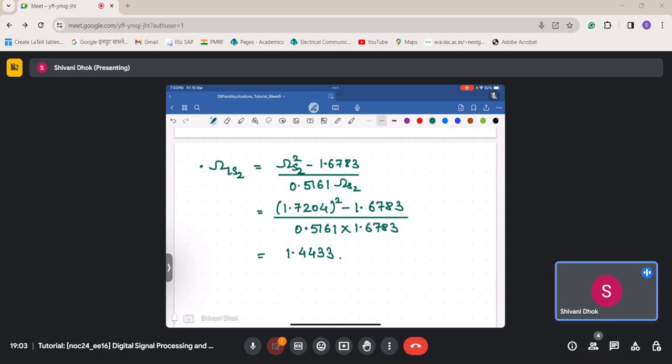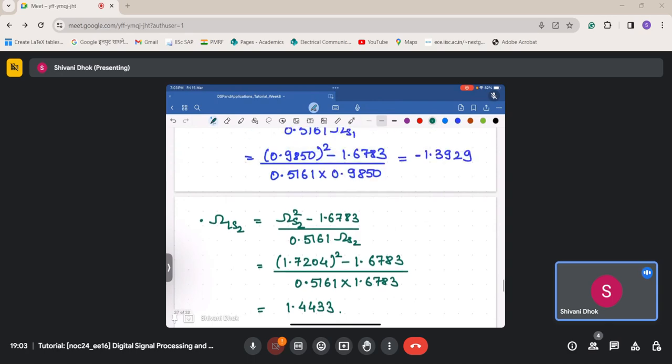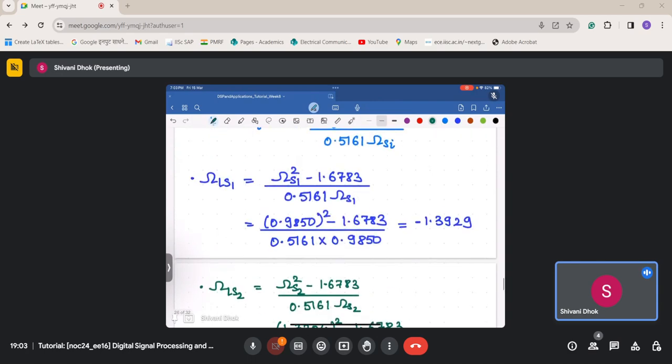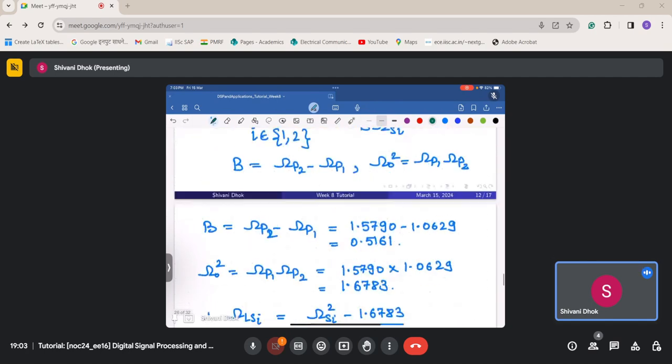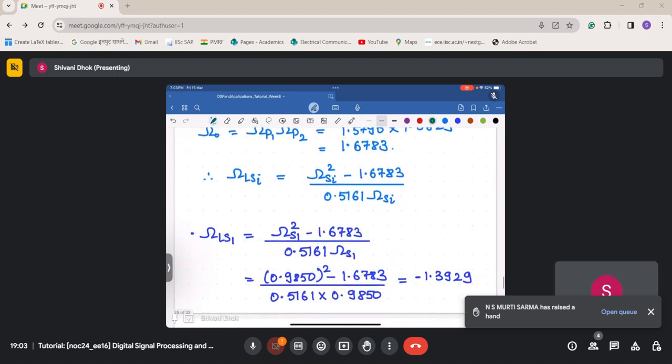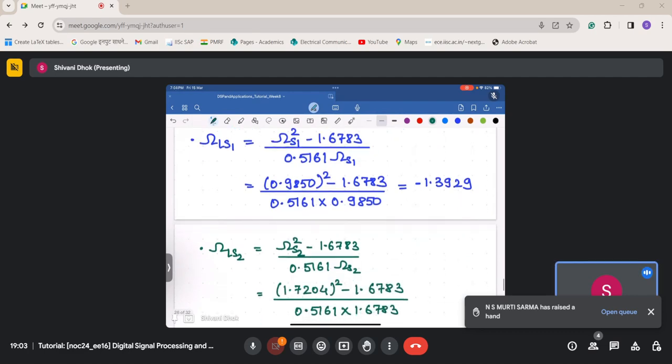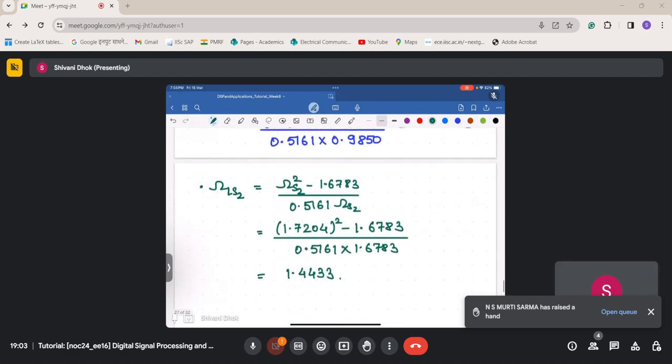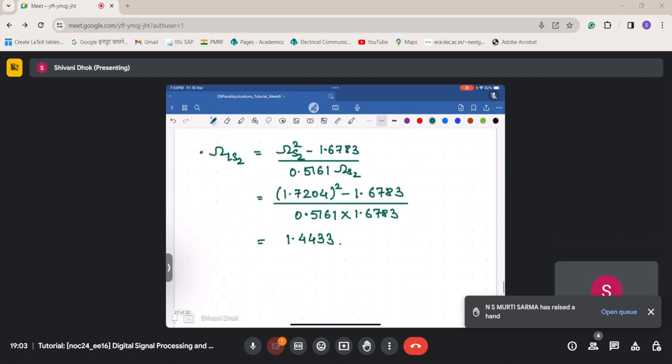Okay, so we have these mapped frequencies for both the stop band edges, that is ls1 and ls2. Yes sir. Madam, at omega, just calculation, I think some error went. Here, it is not 1.6783. You have to substitute 1.7204, omega s2.